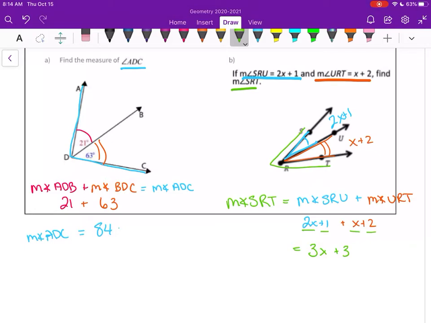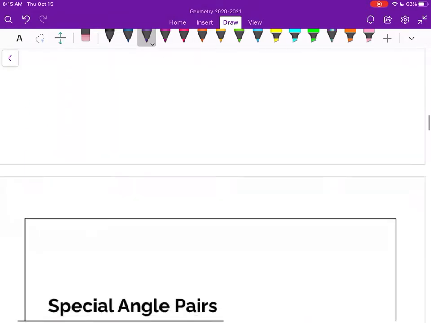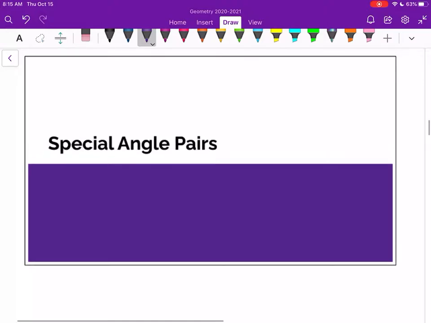Now if they had given me another measure, maybe a specific measure for one of those angles, I could probably solve for x and find the actual measure of angle SRT. But for this particular problem, I don't have enough information. All right, let's move on.